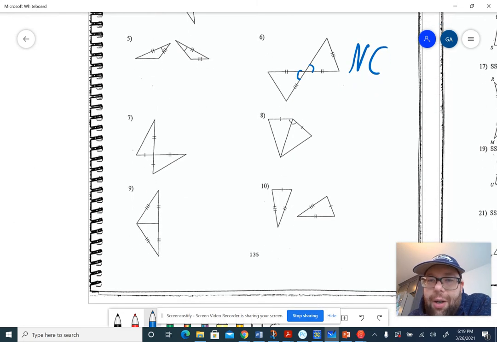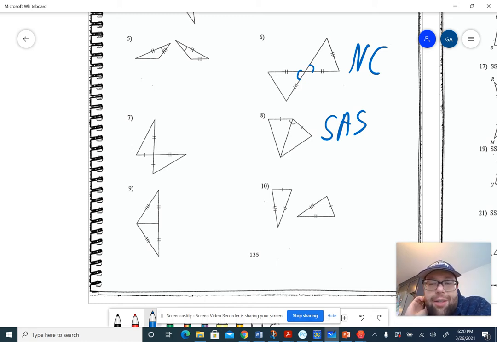Okay? But if we look at number 8, I know this side is congruent to this side. I know this angle is congruent to this angle, and they share this side, okay? So if they share that side, it's side, angle, side, and it satisfies the side, angle, side theorem, okay? The side one's pretty simple because there's only 3 sides, right?